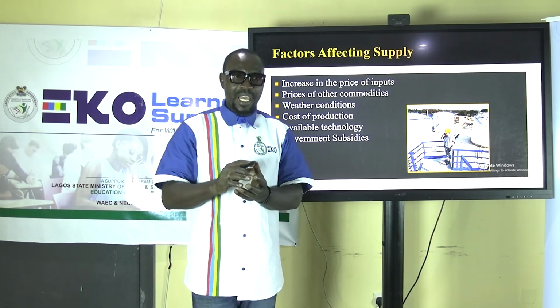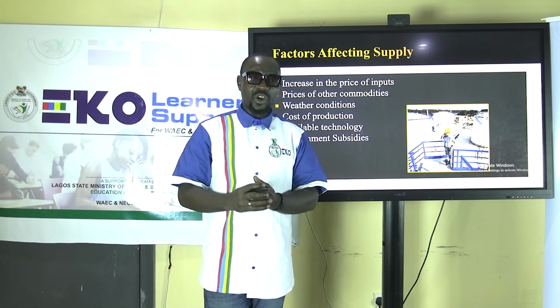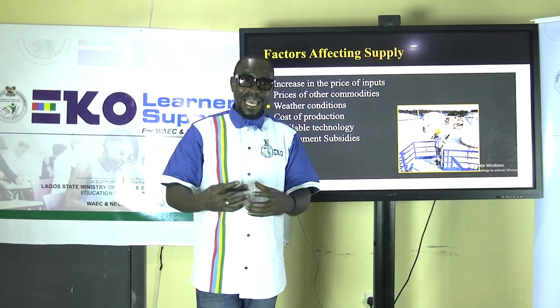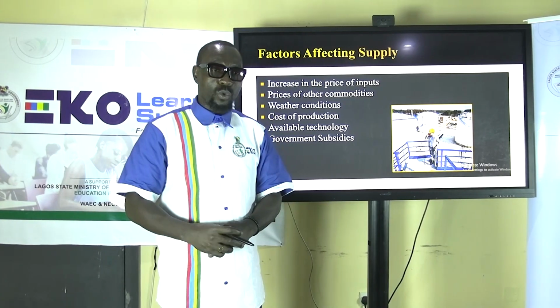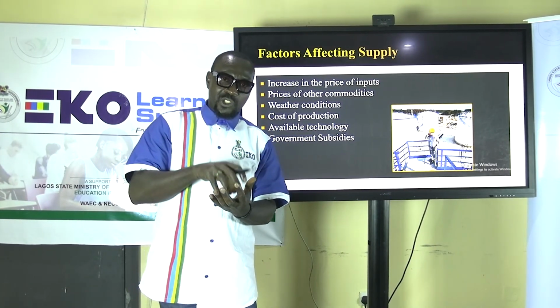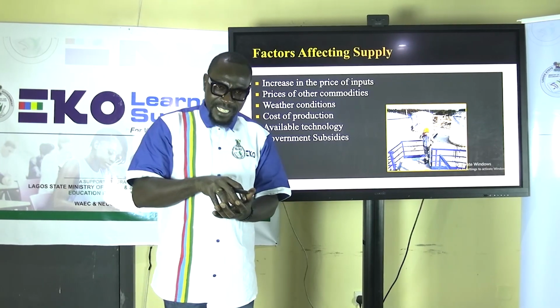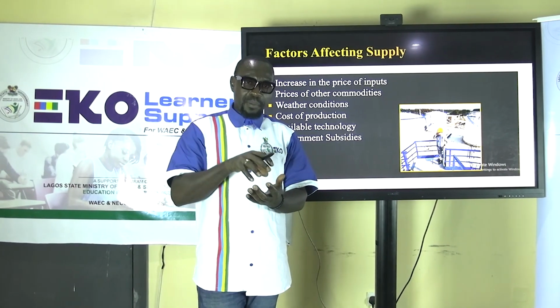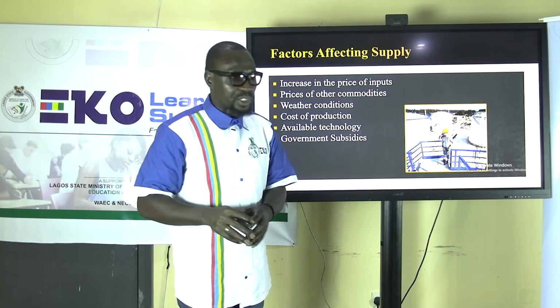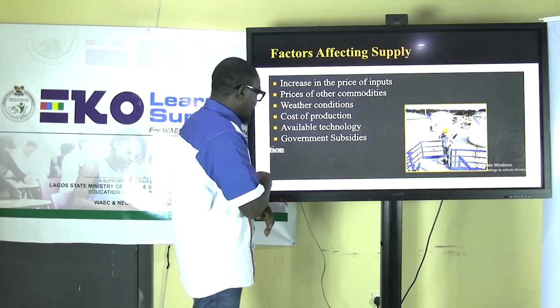So the subsidies were given to cushion the cost effect of getting petrol into the market, into Nigeria, and therefore making it available in large quantity. So the availability of government subsidies can affect the quantity of a particular product or commodity that is available or offered for sale in the market.